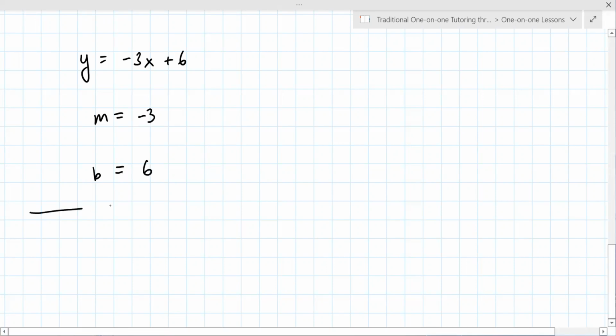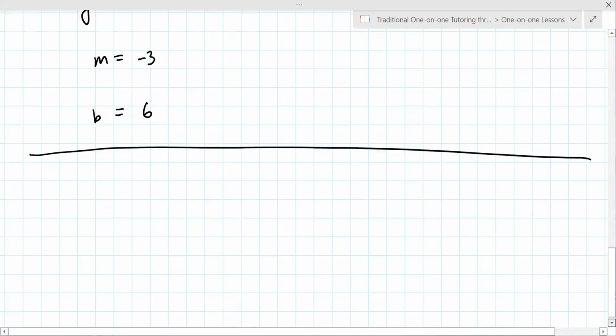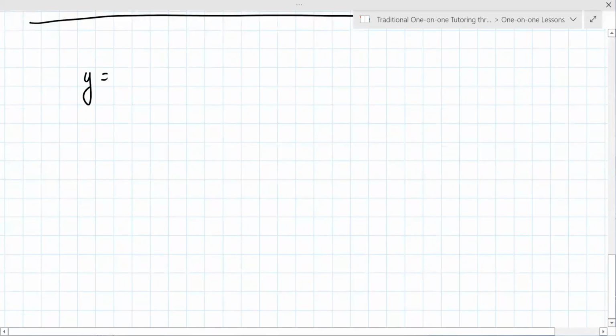Now let me give you another question: y equals x plus 2. What is the slope? What is the number in front of x that isn't written? It's 1. Now, what is the b value? The b value is 2.